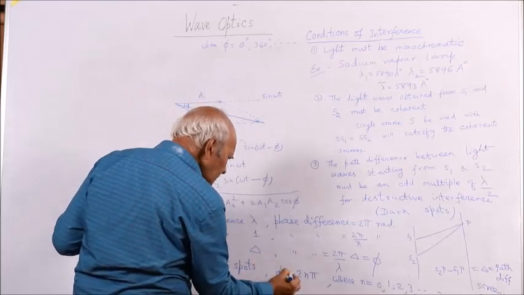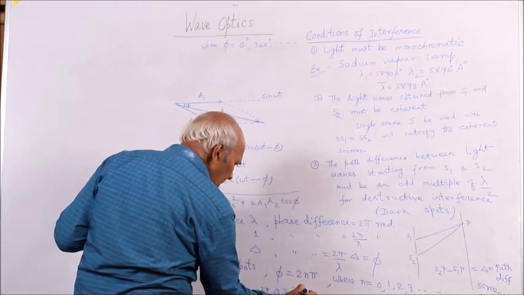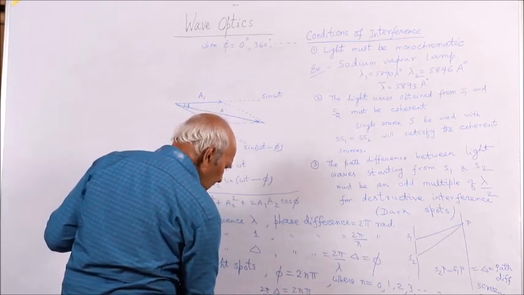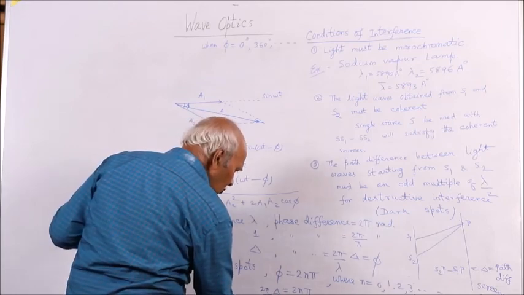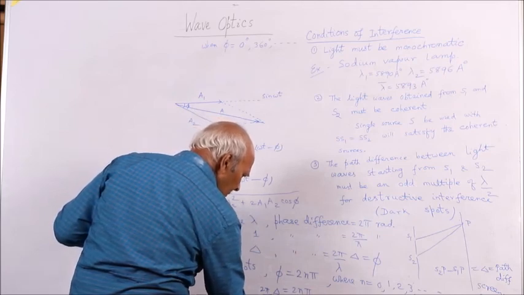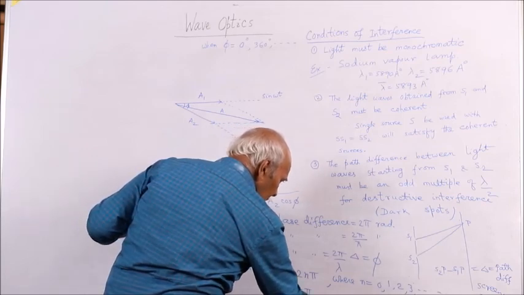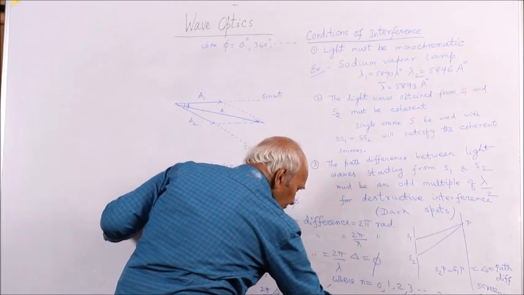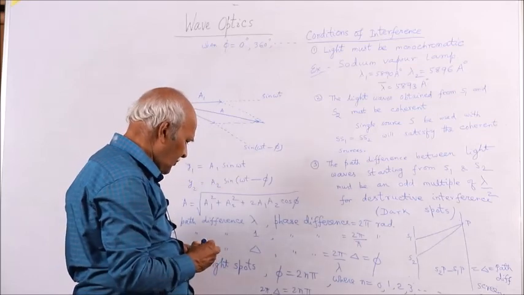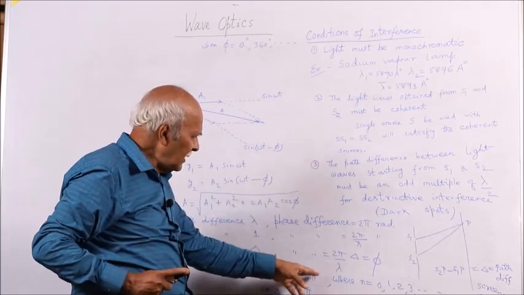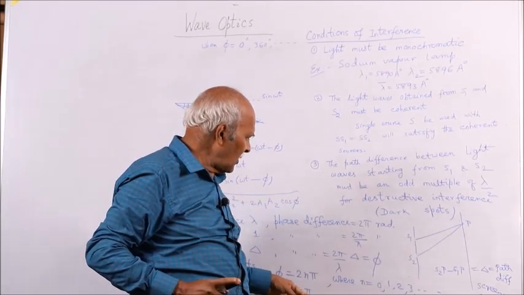Then 2 pi by lambda delta is 2n pi. So, pi cancels, and you get delta is equal to n lambda, but we write it as 2n times lambda by 2, that is an even multiple of lambda by 2. In the same way, for dark spots, phi will be (2n plus 1) pi, where n is 0, 1, 2, 3. So, 2 pi by lambda delta is equal to (2n plus 1) pi.